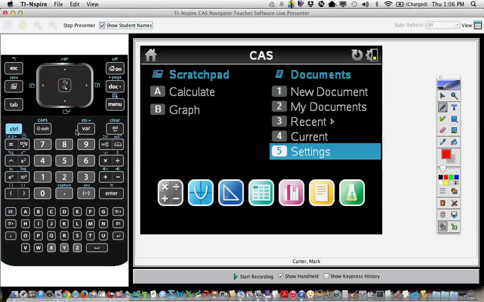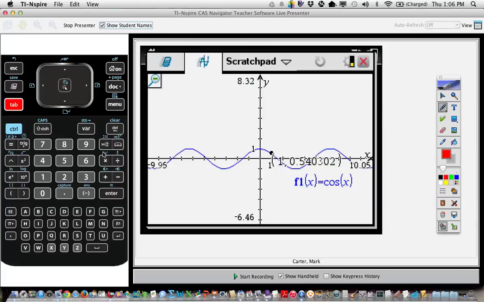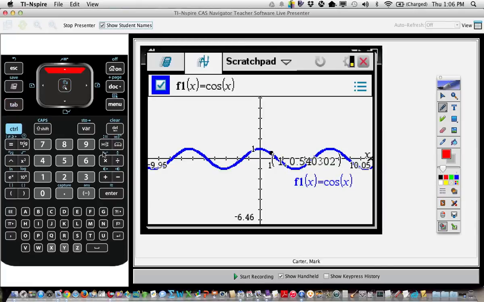So go ahead and everybody, let's go into your graph screen here. And let's go ahead and delete that out of there. And let's put in that h graph.